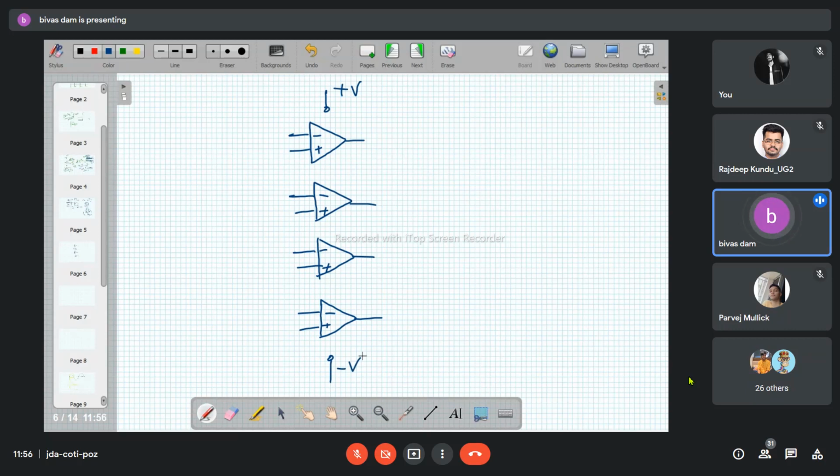Okay. Now pins are assigned in this manner. 1, 2, 3. I am moving in the anti-clockwise manner, starting from this output. 4, 5, 6.